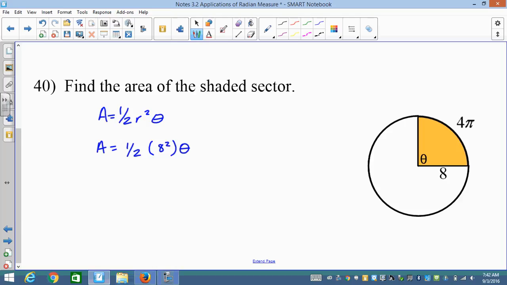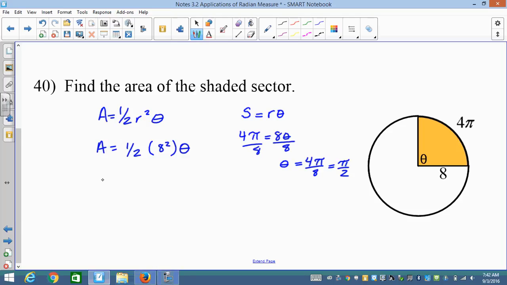So we're going to go back to s equals r theta, and we have 4 pi equals 8 theta, divided by 8, divided by 8, and we have theta equals 4 pi over 8, which is pi over 2, or 1 half pi.